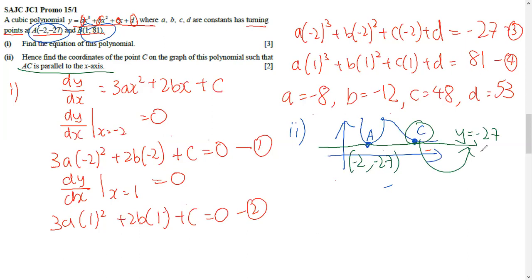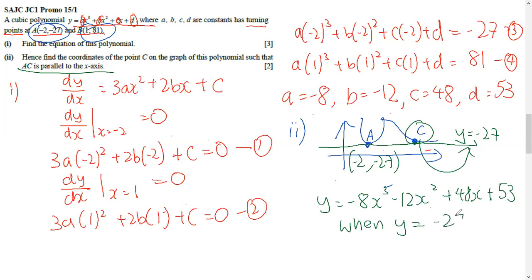All right, so if you use the equation, which is y equals -8x cubed, sub everything in, 12x squared plus 48x plus 53, what you want to know is when y equals -27, what is the possible x value?